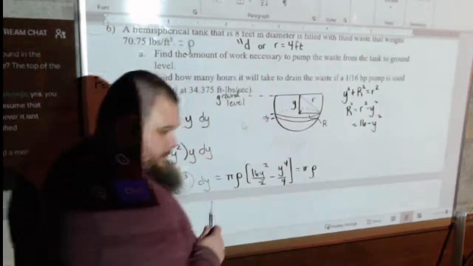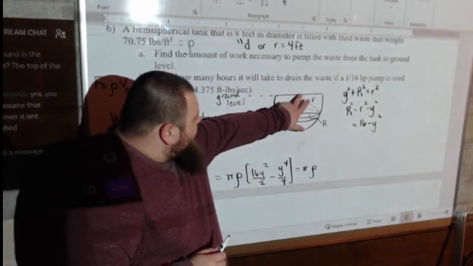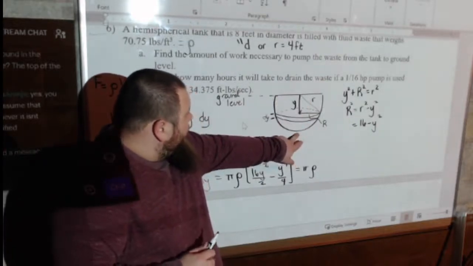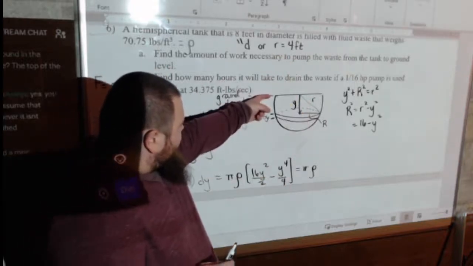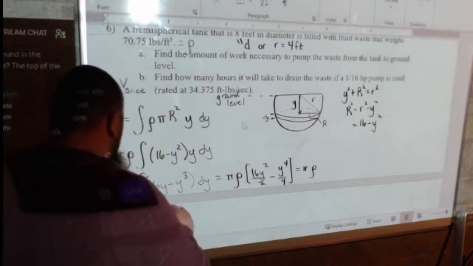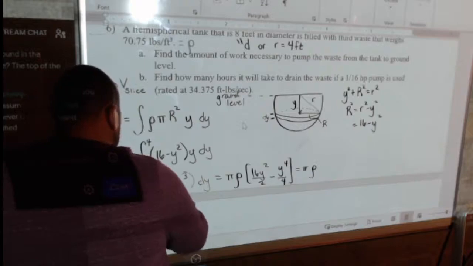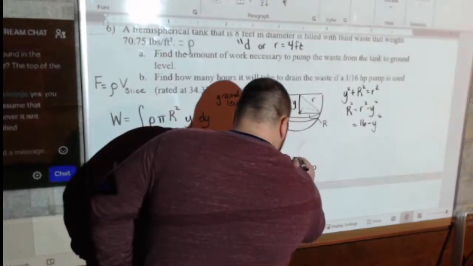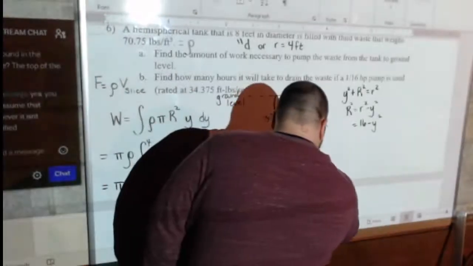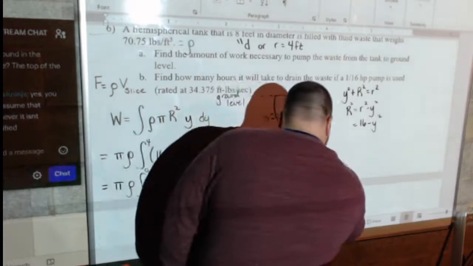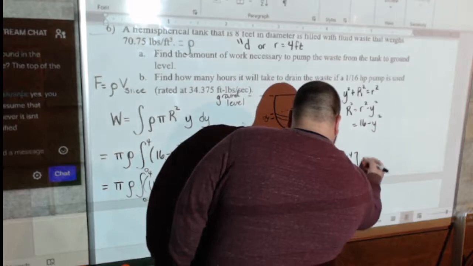If y is the distance from the top down, the total distance from the center of the sphere down to the bottom is the radius, 4 feet. So this top slice goes 0, the one at the bottom goes 4. So this is just going to go 0 to 4. Alright, so pi rho, and then this is really 8y squared minus y to the 4th over 4 from 0 to 4.